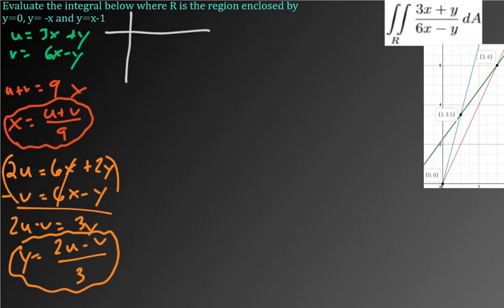Basically here, let's see, it's looking like we would need 1/2, maybe 1, negative half, and negative 1. So we've got y equals 0, right? Which is the x-axis right there.